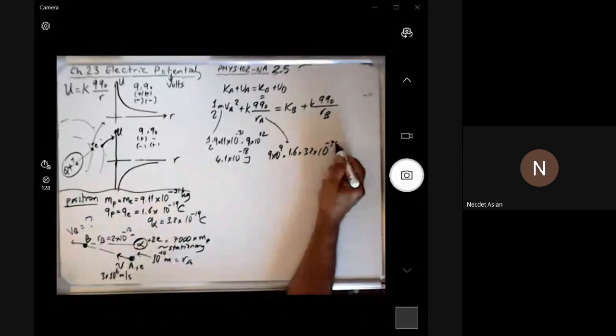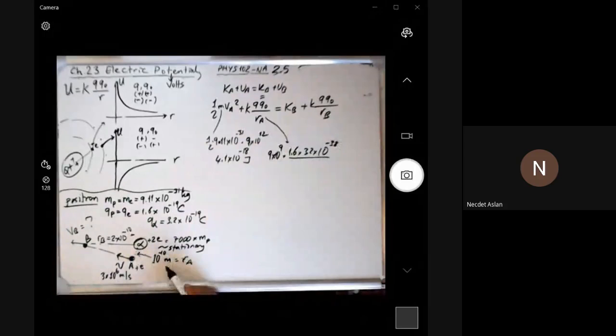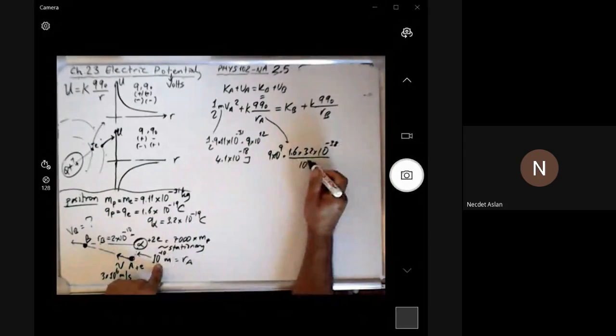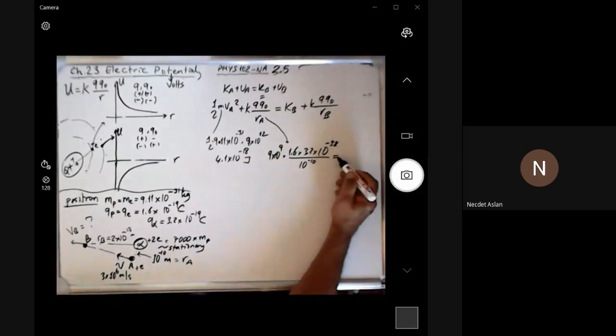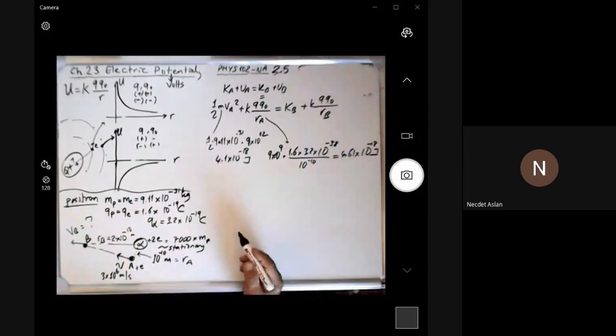Divided by the distance between them at point A, which is given as 10 to the minus 10 meters. So now, if we calculate this, the potential energy at point A is 4.61 times 10 to the minus 18 joules.